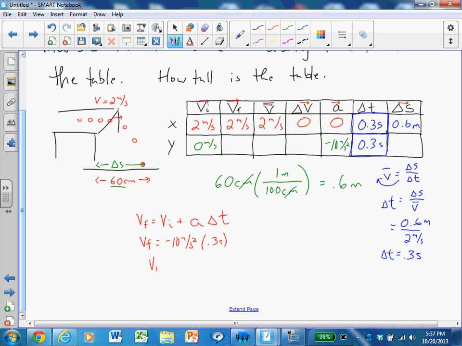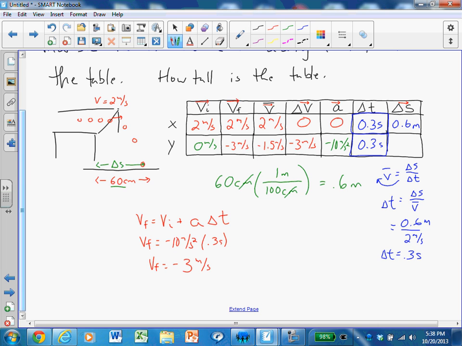If we start at a speed of 0 and we fall for 0.3 seconds with an acceleration of 10 meters per second squared, it makes sense we'll be traveling at minus 3 meters per second. After 1 second, we would have been going 10 meters per second. With only 0.3 seconds, we'll be going at minus 3 meters per second. So v bar would be minus 1.5 meters per second, and delta v would be minus 3 meters per second. That makes sense for our time, too.